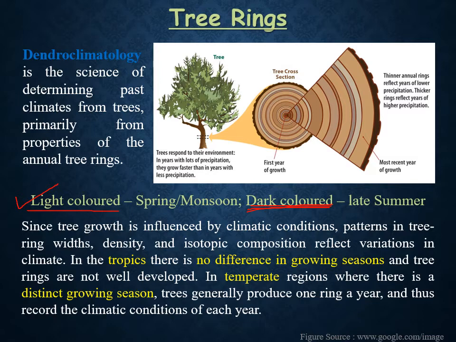Now, one thing people have to note is that these types of growth rings are clearly identified particularly in those regions where there is marked seasonal variation. That means where a distinct change is found in the seasonal condition within an entire year.